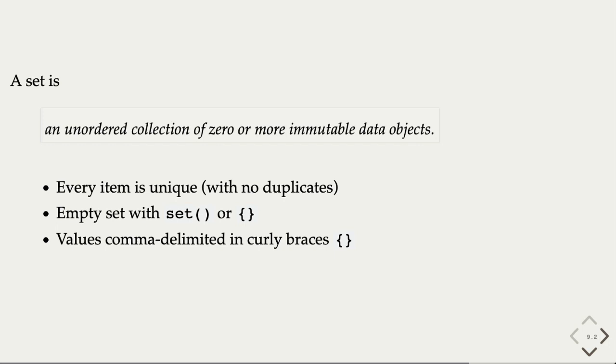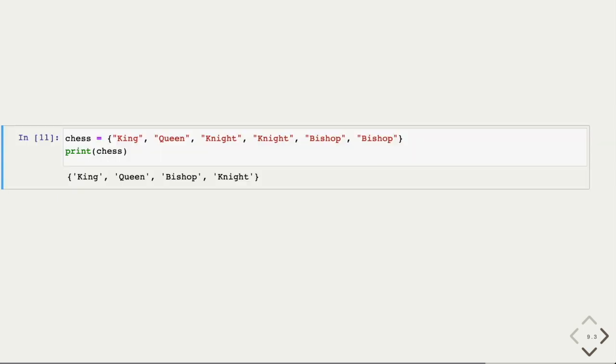Values are delimited by commas in the curly braces. Here is an example to create a set of chess pieces. And you can see that in the end, only unique elements are preserved, even though we enter multiple knights and bishops in the set.